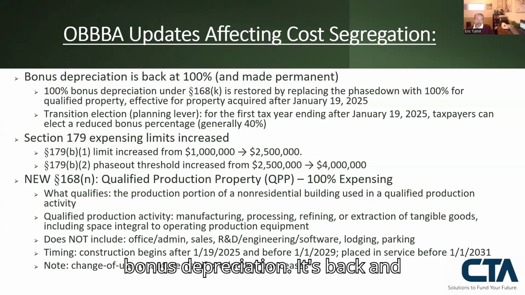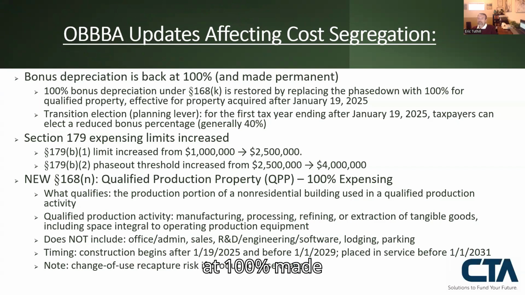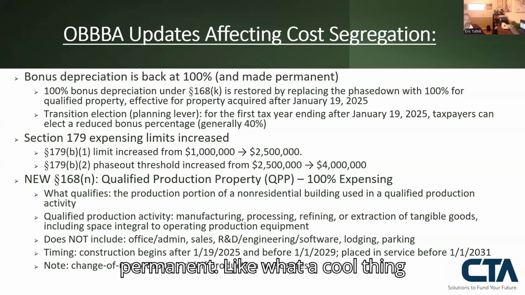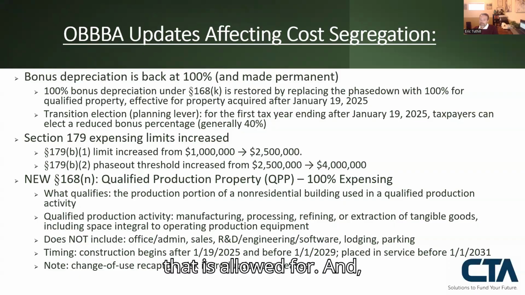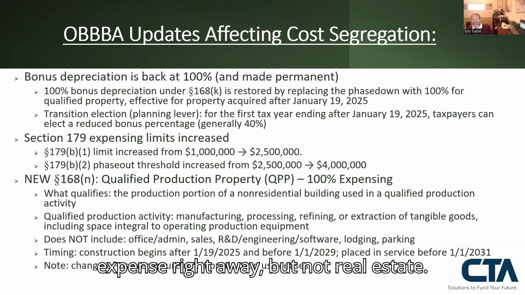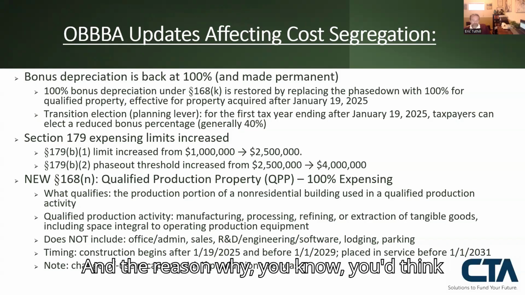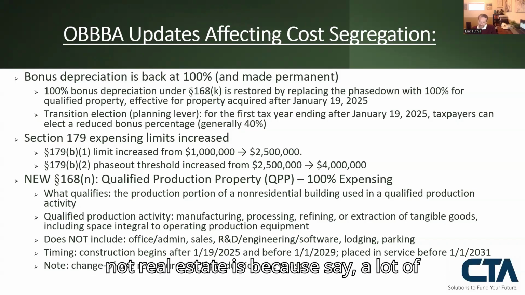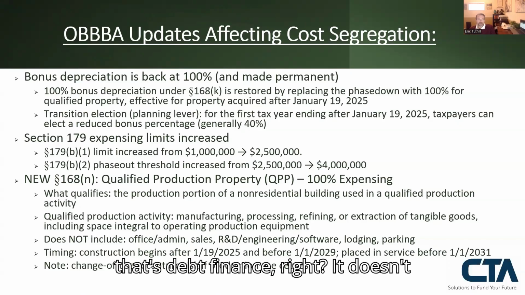We've got bonus depreciation. It's back and at 100% made permanent. What a cool thing that is. You'd think anything that I buy, I should be able to expense right away, but not real estate. And the reason why is because a lot of that's debt financed, right?